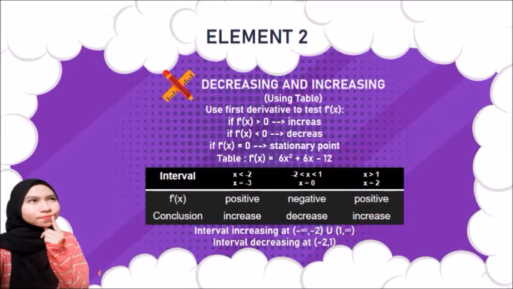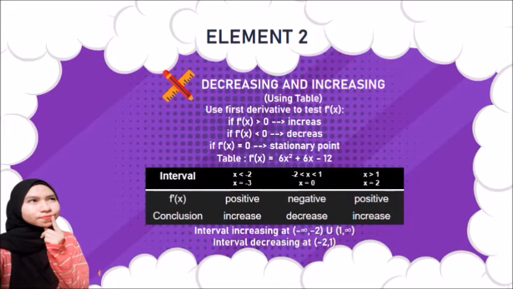And one more, if f prime x equals 0, it will be a stationary point. So in the table, we have the function f prime x equals 6x squared plus 6x minus 12. We have to factorize the function to get the values of x, and after we factorize, we get x equal to negative 2 and x equal to 1.